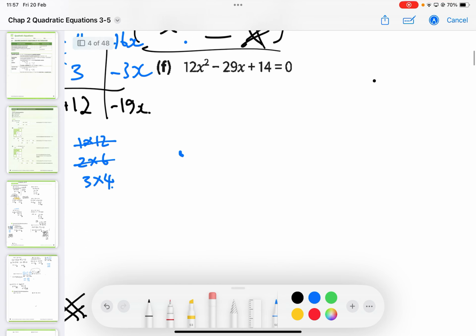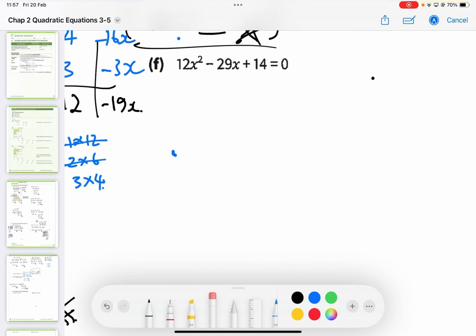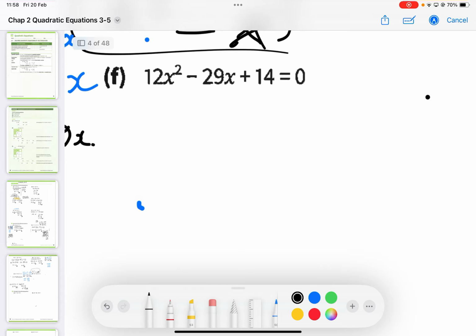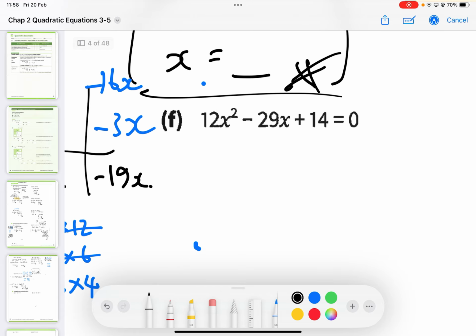Okay, part F. Same, when we see a quadratic expression equals to 0, or this quadratic equation, meaning I see an x squared term, I see an x term, I see a number term.